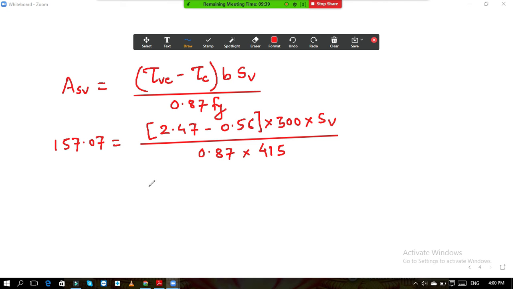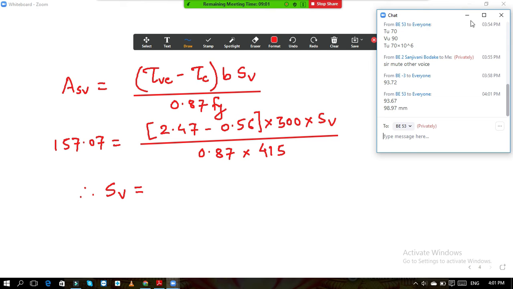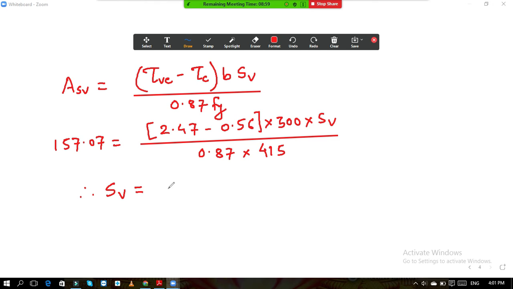Therefore, Sv is equal to 98.97 mm, which we can round down to 95 mm center to center.